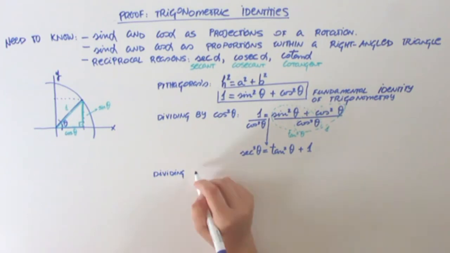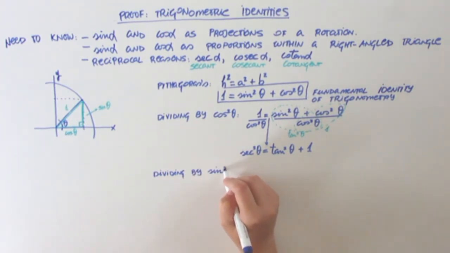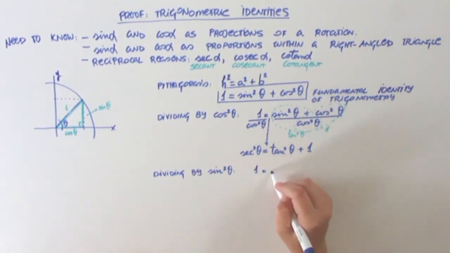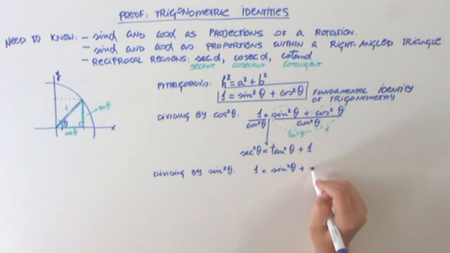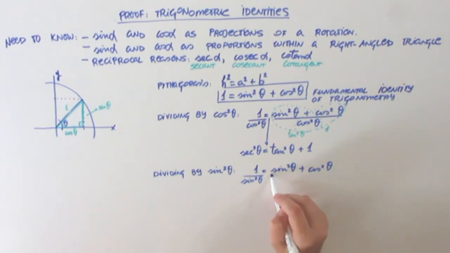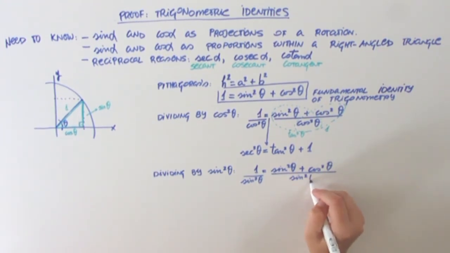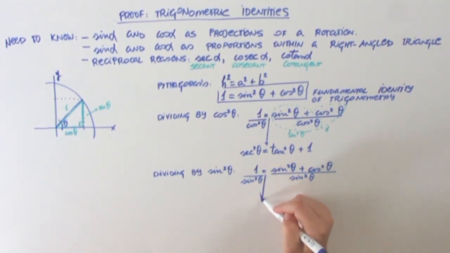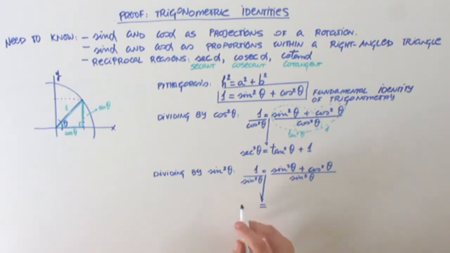I can follow the same idea, but instead divide by the sine square of theta. So I take the fundamental identity and I divide both sides. The left-hand side, now, because it's a reciprocal, I know that this is the cosecant square of the angle theta.